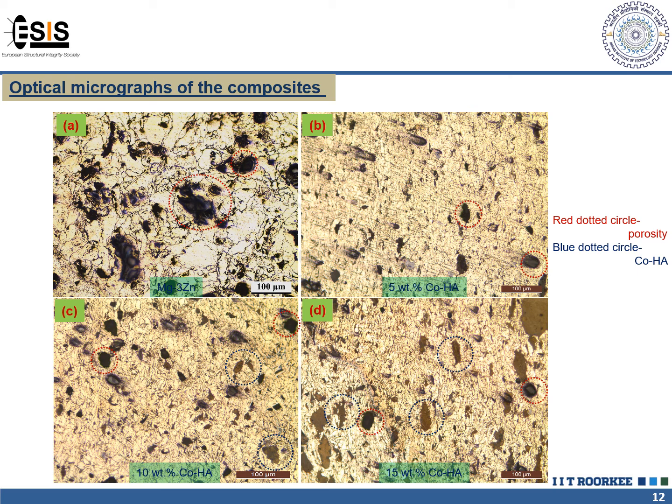The porosities are very few as compared to figure A. This is Mg3Zn. The addition of co-HA has increased the density, and we can see a decrease in the grain size also. In figure A, the grain size is comparatively very big when compared to figure D, that is 15%. So the addition of co-precipitated HA has decreased the grain size of the composites as well.